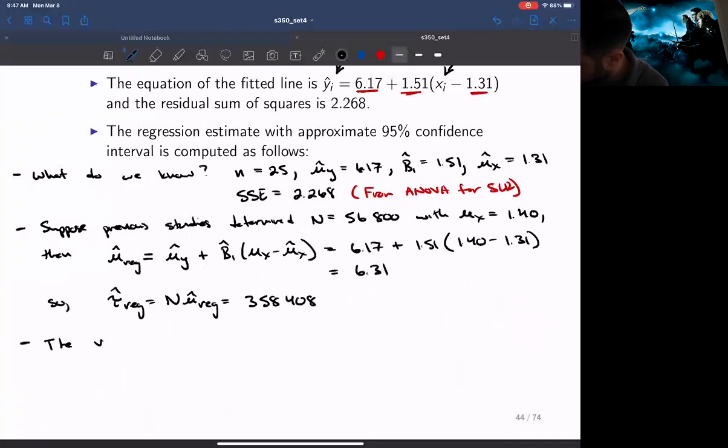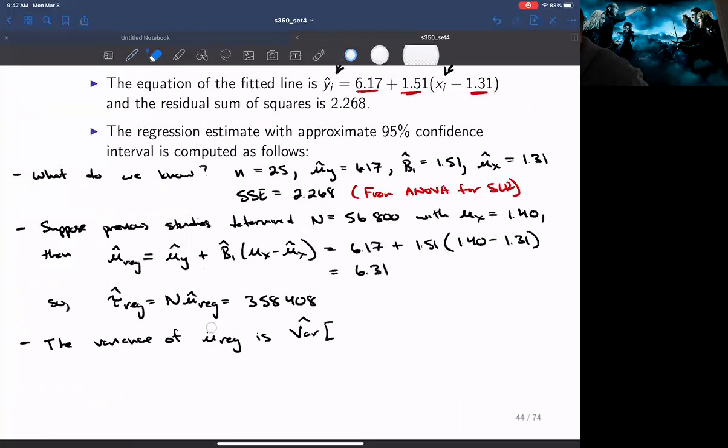All right. So the variance of mu hat reg is var hat mu tilde reg, that's a tilde, is equal to 1 minus little n over capital N times sigma squared E divided by little n.